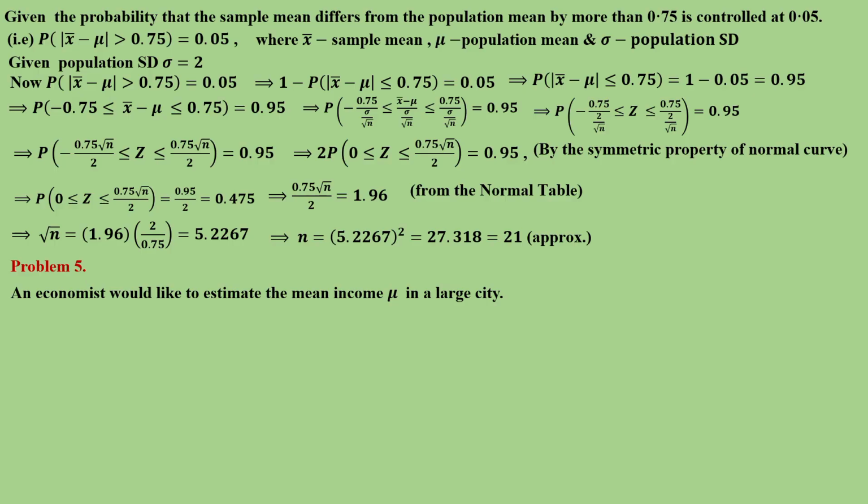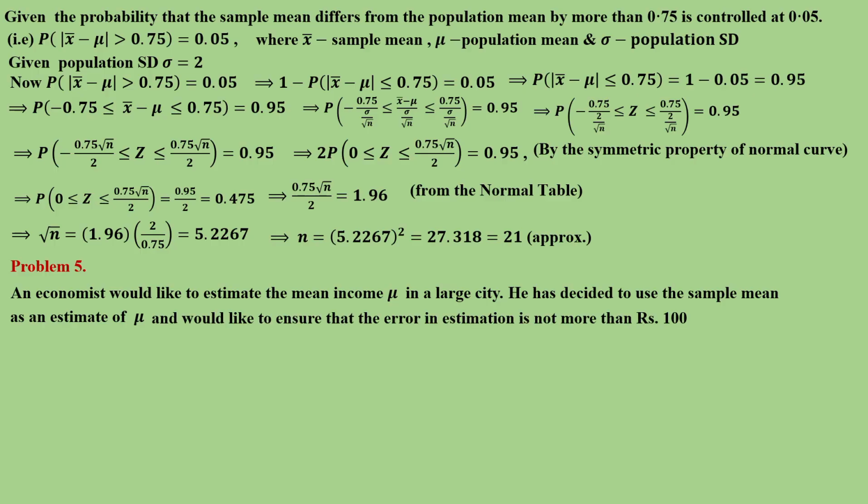Next problem. An economist would like to estimate the mean income mu in a large city. He has decided to use the sample mean as an estimate of mu and would like to ensure that the error in estimation is not more than ₹100 with the probability 0.90.